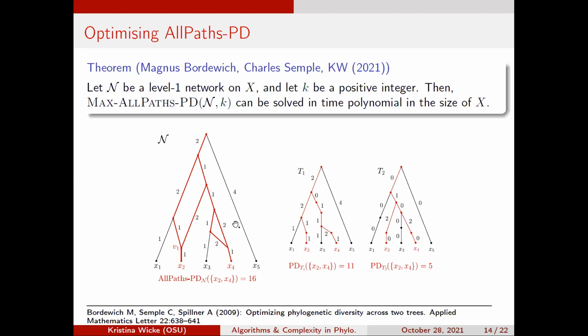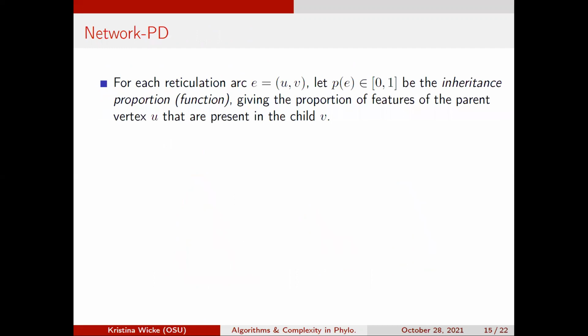We try to model that by introducing a second measure, and this is what we call network PD.